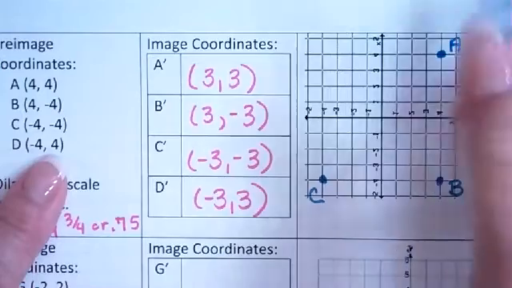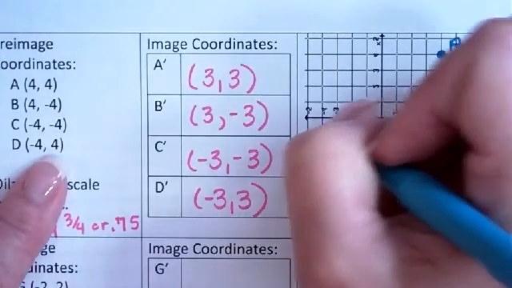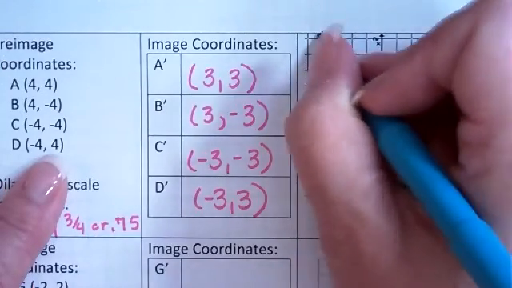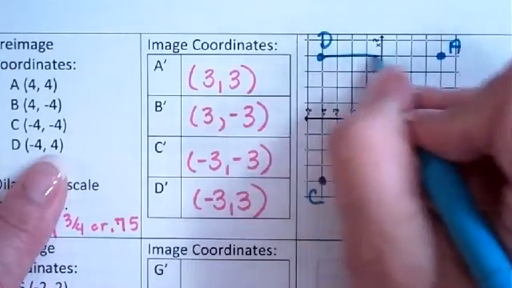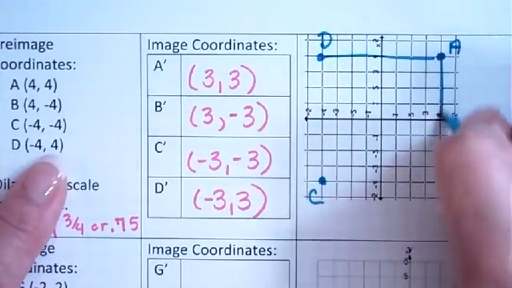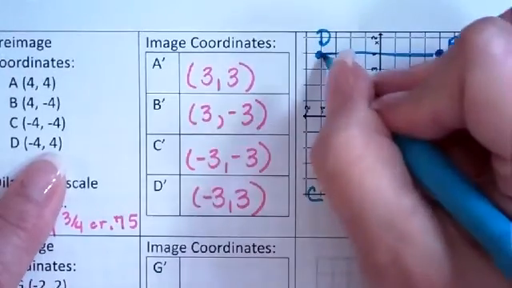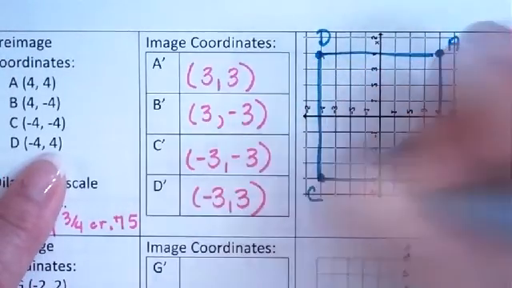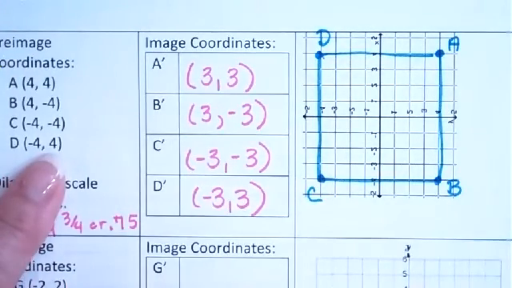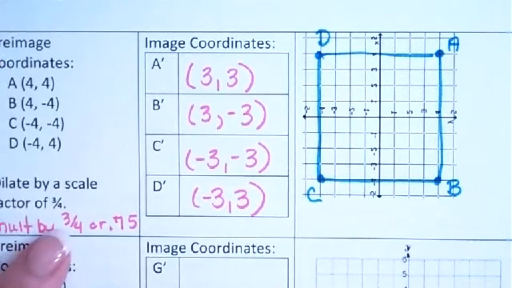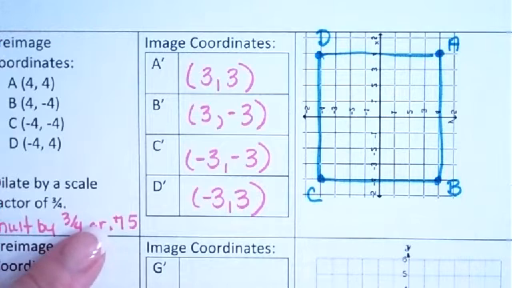And D is at -4, 4, so that's to the left 4 and up 4. So right there. If I connect all the sides, I'm not using a ruler, so my lines are mostly straight. There we go. Now, we know we're going to be reducing this by 25% because we're multiplying by 0.75.